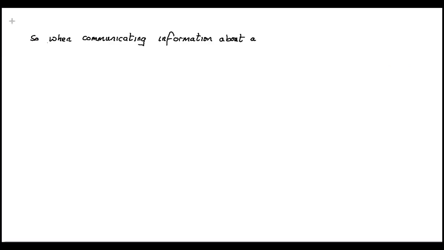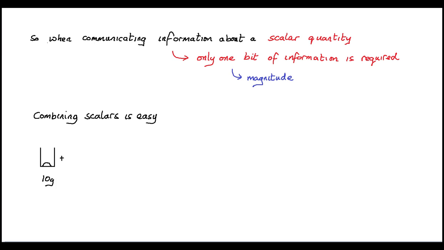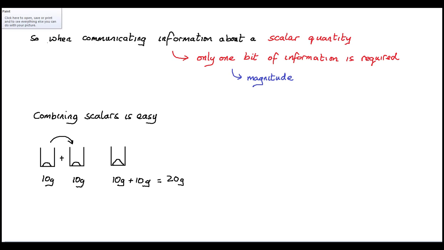When we're communicating information about a scalar quantity, we only require one bit of information, and that is the magnitude of the quantity. That makes combining scalar quantities quite easy, and you've been doing that ever since primary school. For example, if you have 10 grams of a substance in one beaker and you add it to 10 grams of the same substance in another beaker, all you have to do is sum the magnitudes to get the total mass of the substance.